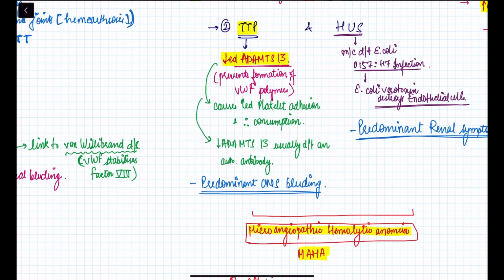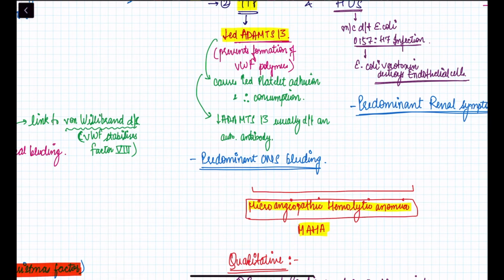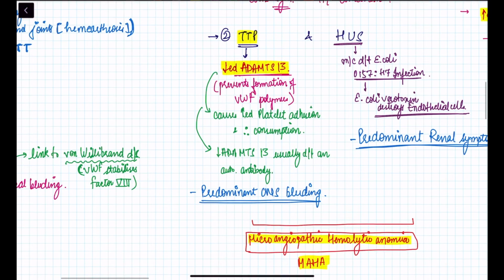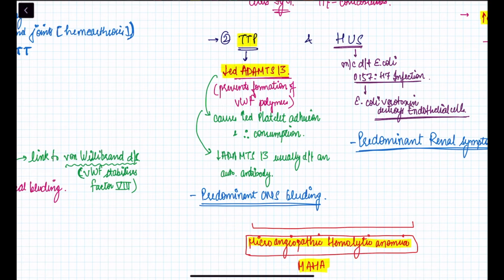There will be increase in platelet adhesion because von Willebrand factor is more and more present at the site, which will cause platelet consumption, and therefore there will be decreased platelet count. But of the two disorders being talked about here, this one primarily results in CNS bleeding.